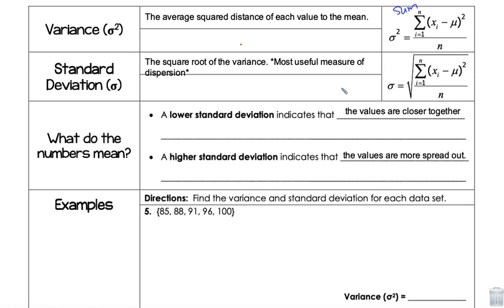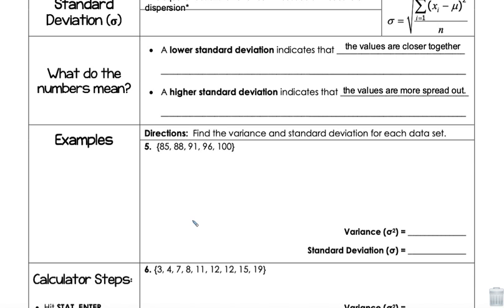And for the standard deviation, you're doing that, but we're going to be square rooting it. So again, you want to find your mean first. So when we add these all together and divide by 5, because n equals 5 here, we're going to get 92.